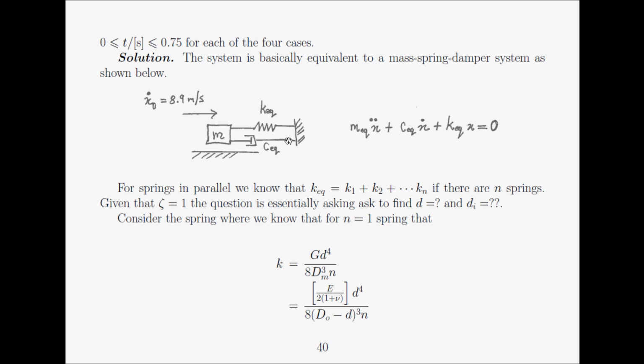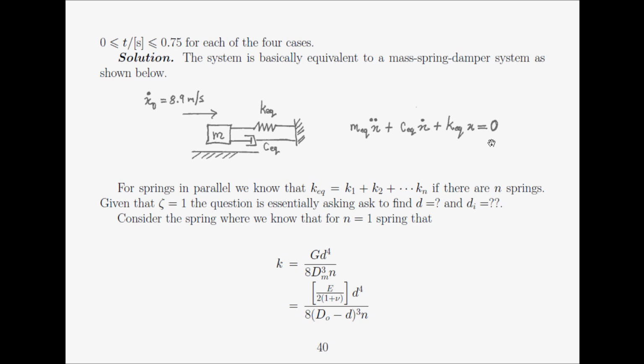So the question makes certain simplifying assumptions. The question basically states the springs are in parallel. The reason why I asked the question in the way that the springs are parallel is that you basically add up all of the individual springs.